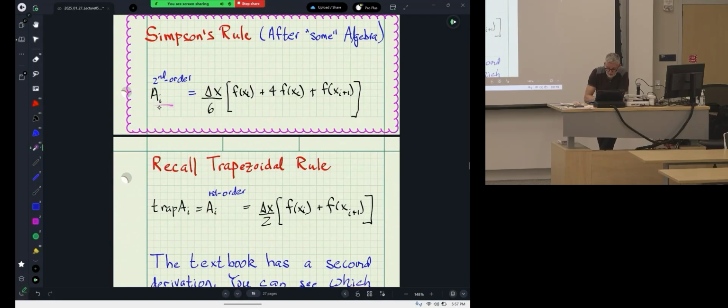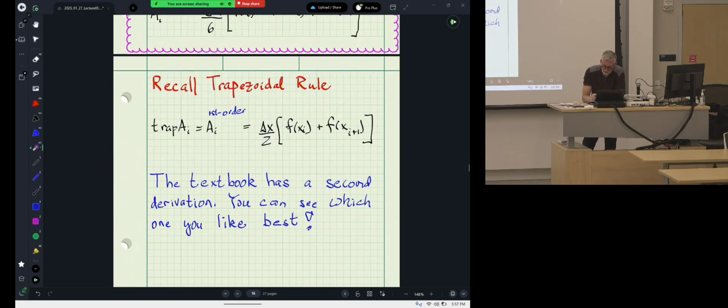And this is the second order integration scheme. It's 1/6 times f of xi times delta x, so 1/6 times the endpoints, and then 2/3 times the midpoint. And that gives you a better approximation than the trapezoidal rule, which is a half times the two endpoints, all times delta x.